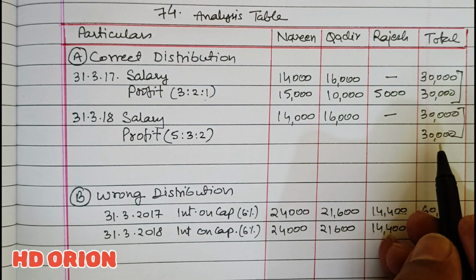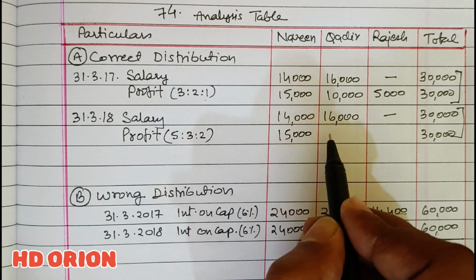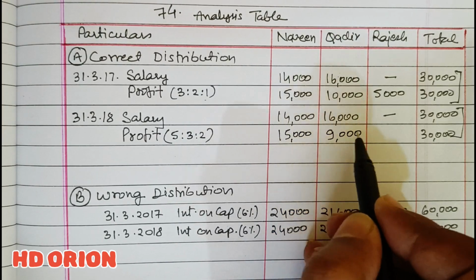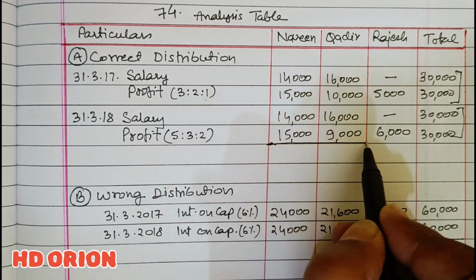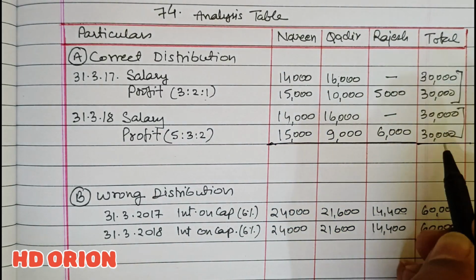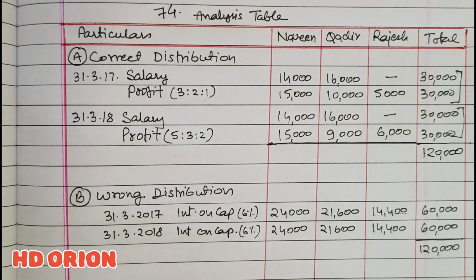When you break this, it is 15,000 for the first partner, 9,000 for Kadir, and rupees 6,000 for Rajesh. In this way, we get the exact allocation of profit of rupees 1,20,000 for both the years, 60,000 rupees each year.